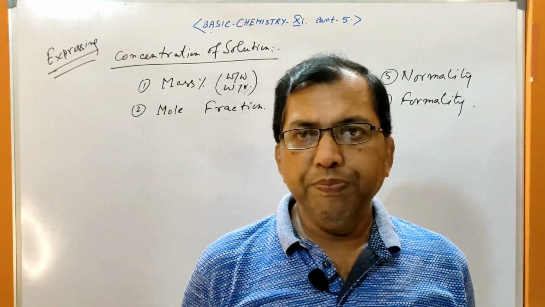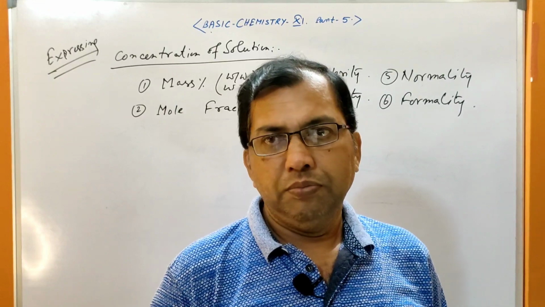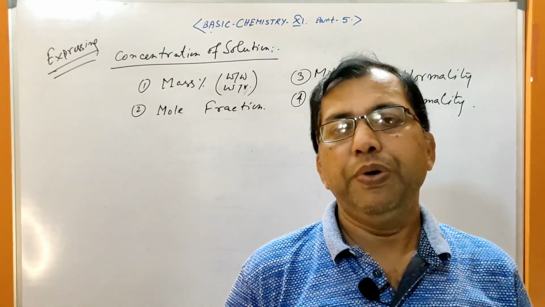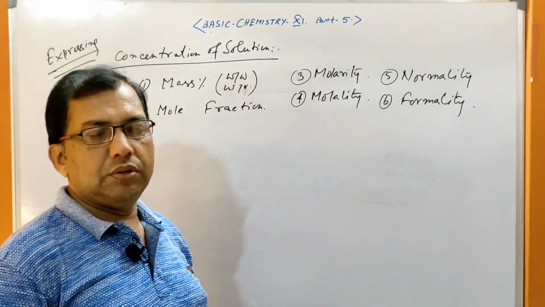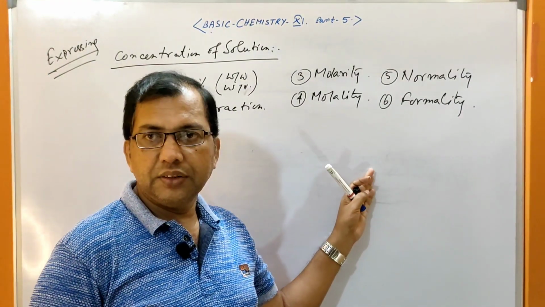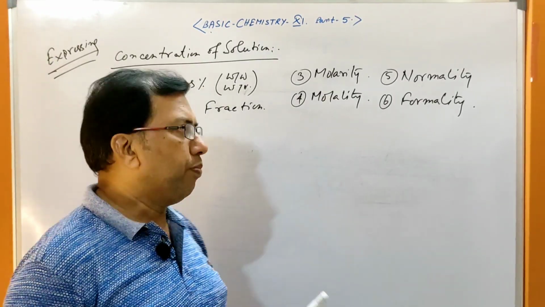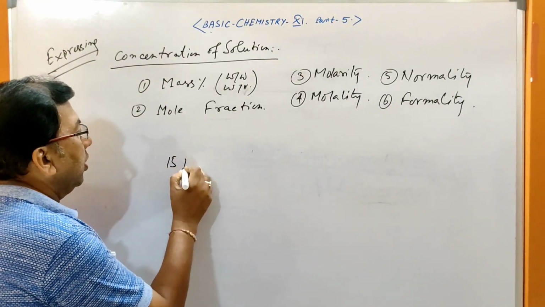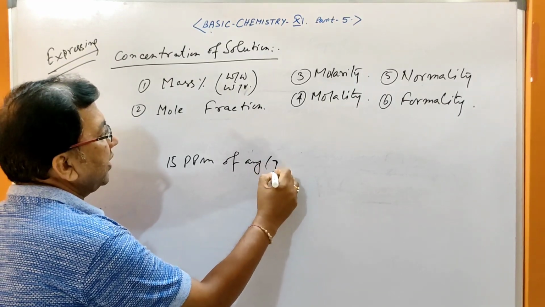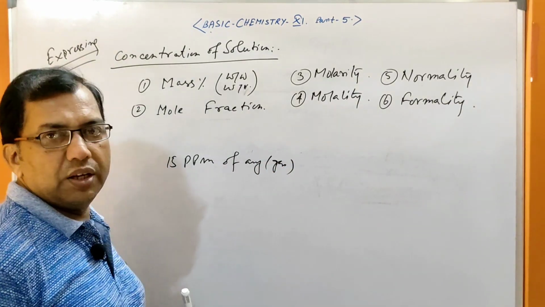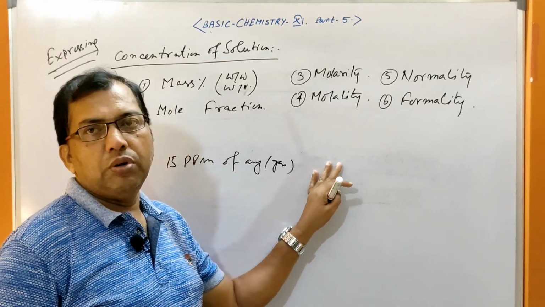Express 15 ppm in mass percentage. 15 ppm of methane gas or chloroform gas, or any component, you have to convert ppm of anything into mass percentage.